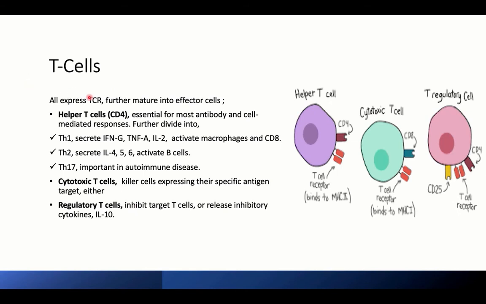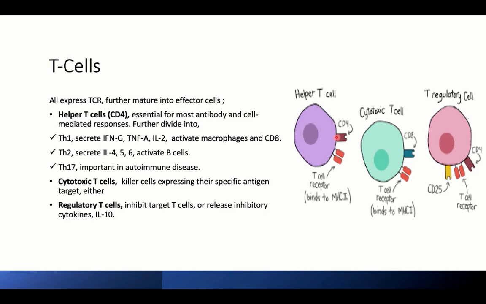So all these T lymphocytes express the T cell receptor, TCR, very important, and further mature into the effector T cells. What are the effector T cells? We have the helper T cells, or CD4. CD stands for cluster of differentiation. We have certain antigens on the surface of all cells, and these can be recognized by flow cytometry and given numbers.